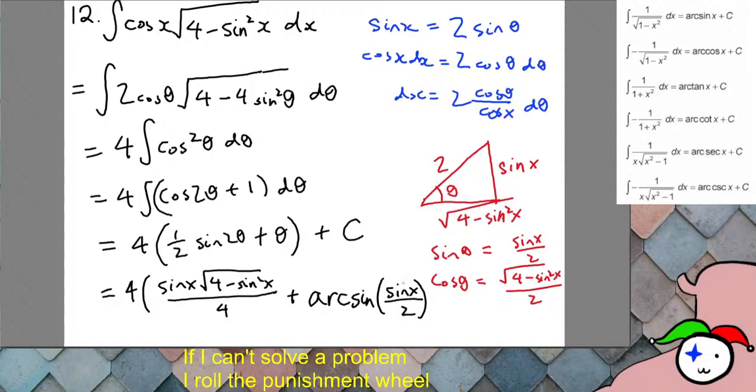Can that be simplified to like x over 2 or something? I'm looking stuff up anyway, so maybe, what is the arc sine of sine x over 2? I don't think it's necessarily just x over 2 because of how sine works.